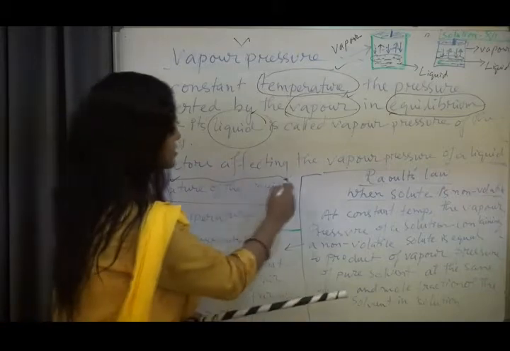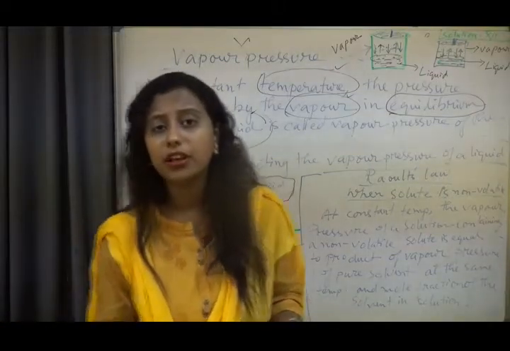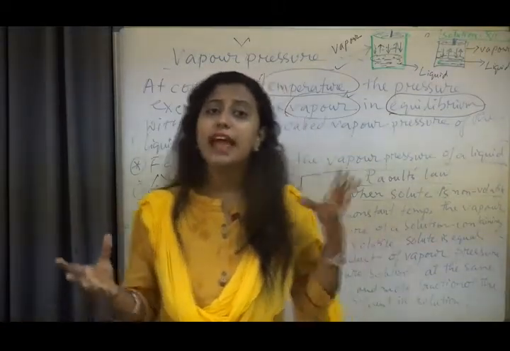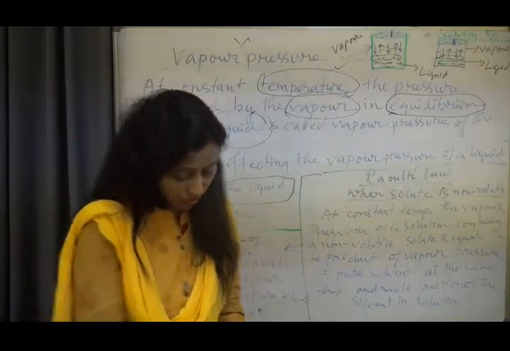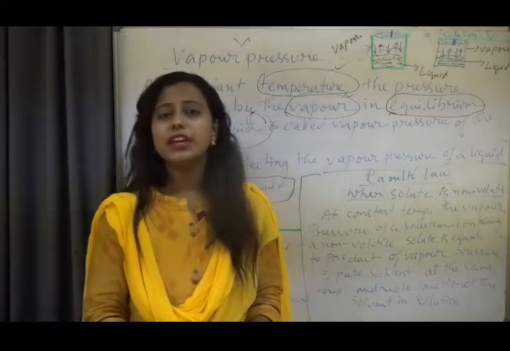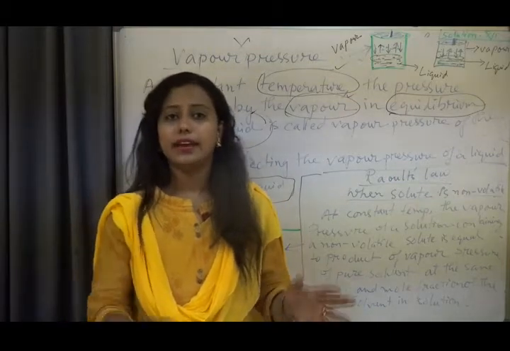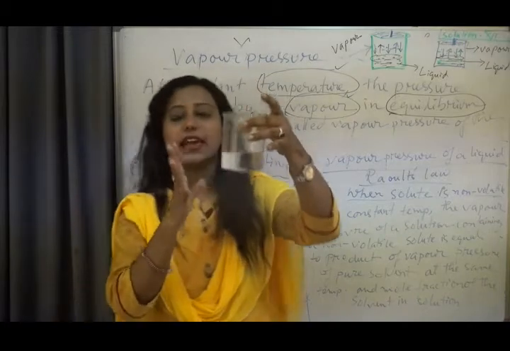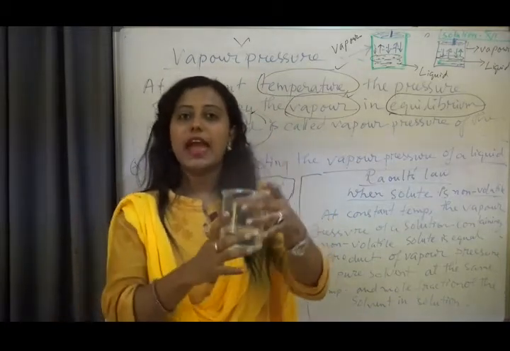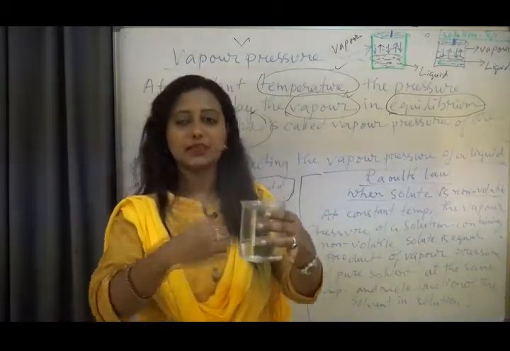In liquids where there is a very weak intermolecular force of attraction, the vapor pressure will be high. Suppose a gas is dissolved in a liquid, and if we heat it, then the gas will evaporate.